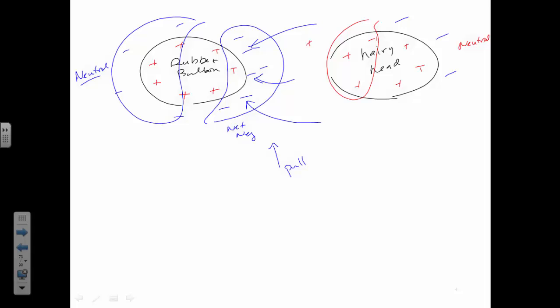They're going to want to repel, right? So if I just show the net excess charge on this object, right now we've got 3 extra on this side, and they're sort of stuck there if this is an insulator.